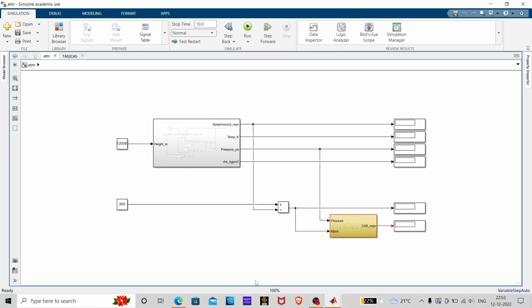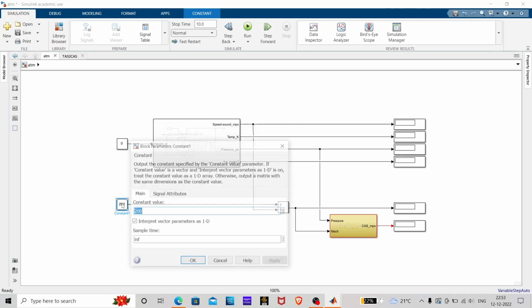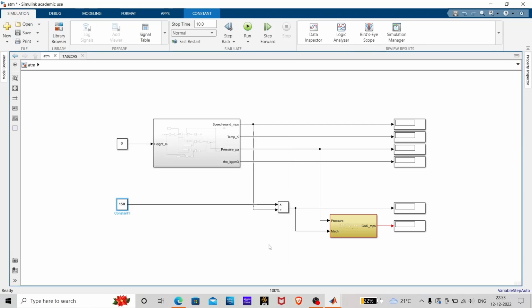I will show you a small demonstration of our model at sea level, which is a height of zero, and we will take the true airspeed as 150 meters per second, and we will run the model.